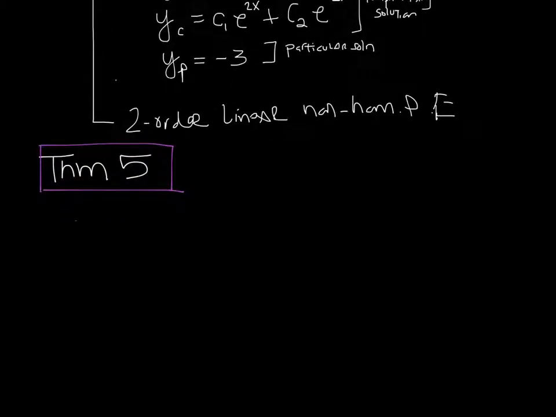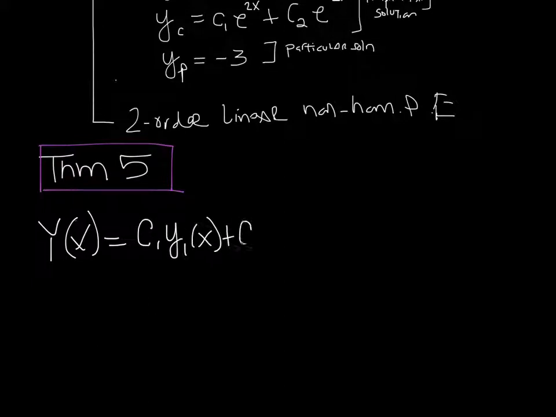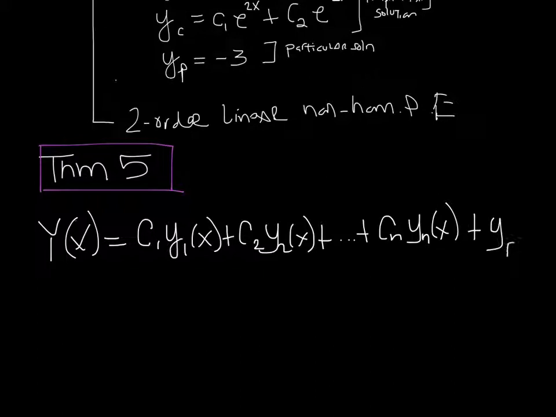Okay, so we have Y of x equals C1 y1 of x plus C2 y2 of x, all the way to the order of the differential equation, so Cn yn of x, the general solution. And then we're going to add this particular solution.